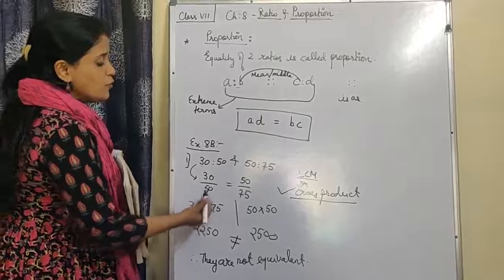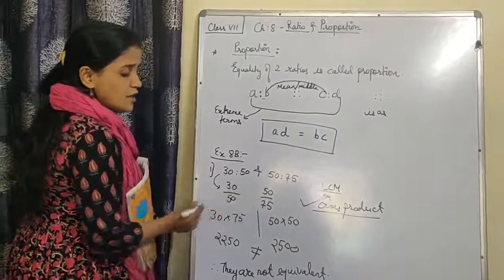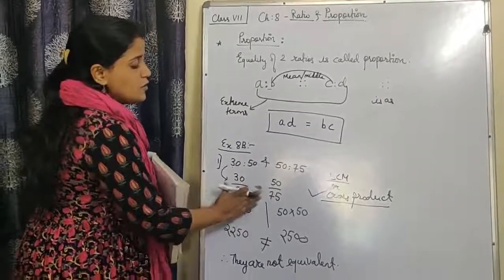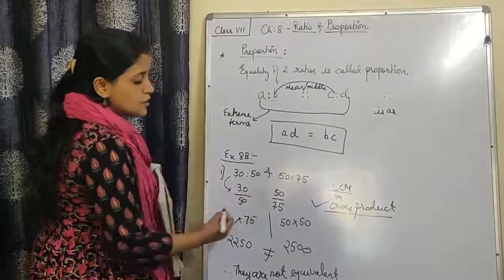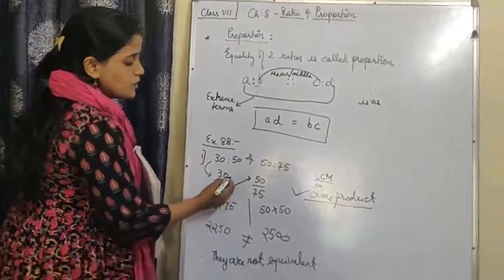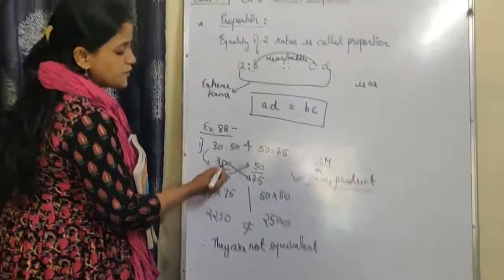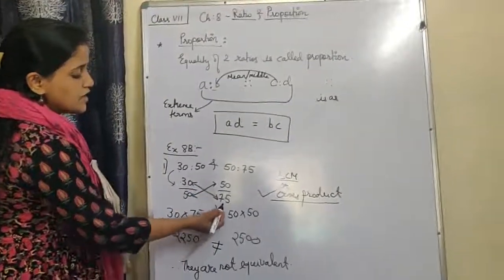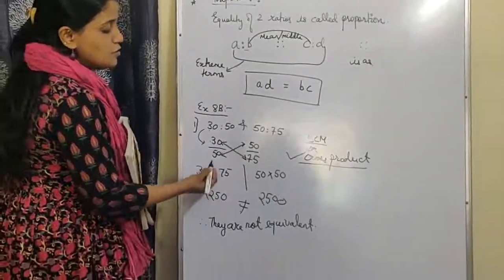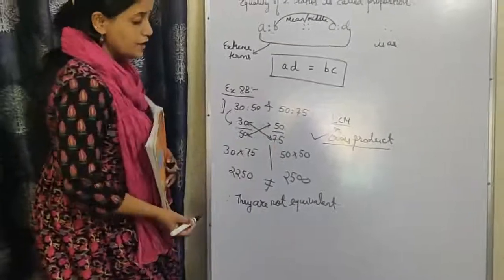So what do we have to prove? We have to prove if these two fractions are equivalent. So we are going to do cross product, which means this into this should be equal to this into this. That is, the numerator of the first fraction and the denominator of the second fraction should be equal to the denominator of the first fraction and the numerator of the second fraction.